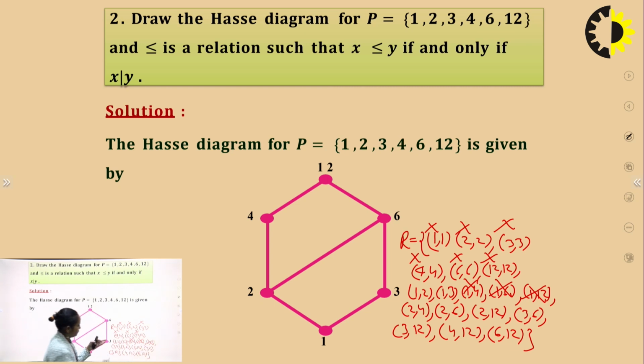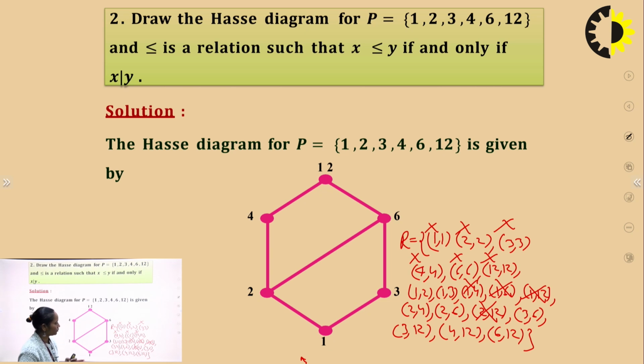Anything else? 1 to 2, nothing. 1 to 3, 3 to 6, then 1, 6 is already removed. 1, 3, 3, 12, 1, 12 removed. 1, 3, is anything started with 3? No.